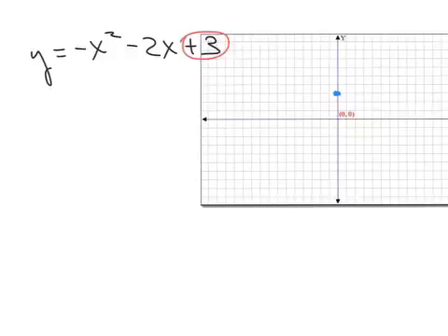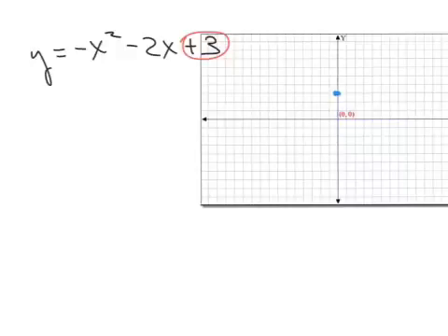And this is something I don't know that the book even tells you yet, but I'm going to tell you. If the number in front of your x squared is negative, the graph is going to look like this. If this is a positive, the graph is going to look like that.